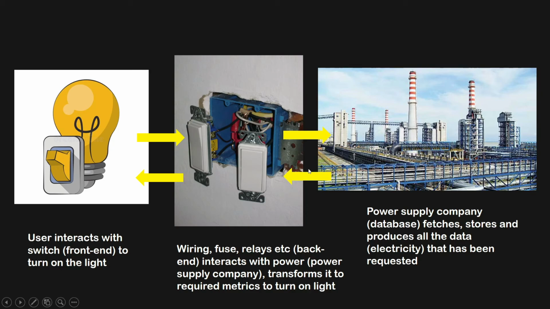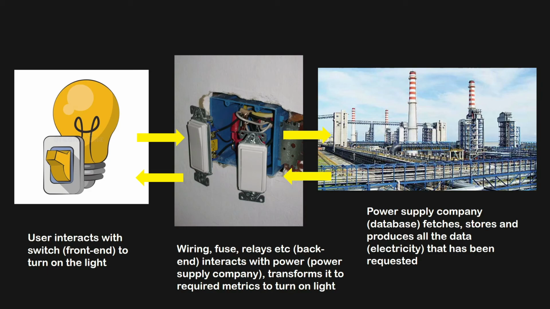You go on a software, you visit a website, whatever it is, you click a button, you click sign in, you click sign up, or whatever you are doing on that platform, and you get your results. But as to whatever processing is going on behind the scenes, you have zero idea of what's happening. Okay, so the people that make the switch look good, the bulb look good, your lights, whether you have a red light or green light or whatever it is, they are the front end guys.